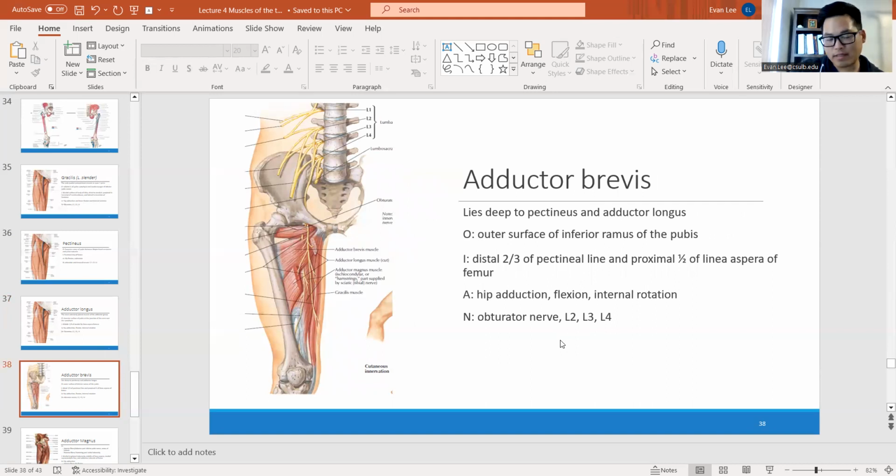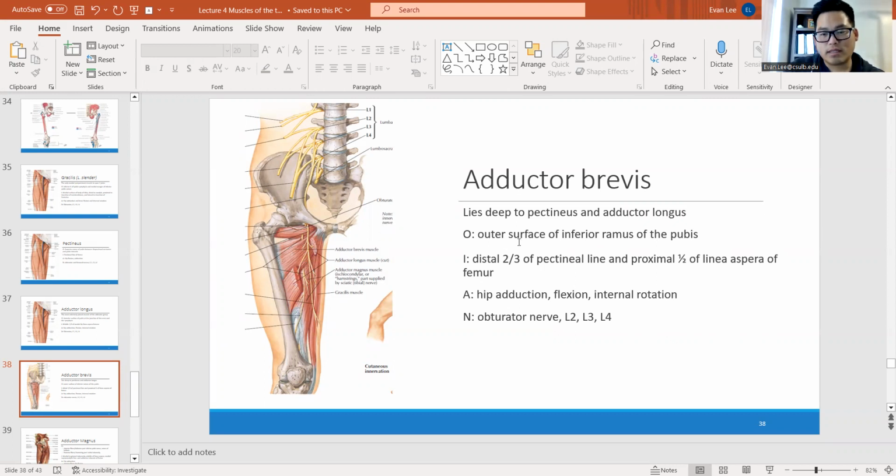Now, adductor brevis is a muscle that is right underneath adductor longus. So if you look closely, you have to cut adductor longus, where then you can see adductor brevis right over here. So adductor brevis is underneath adductor longus, as well as pectineus. Adductor brevis is going to be a slightly shorter adductor underneath adductor longus.